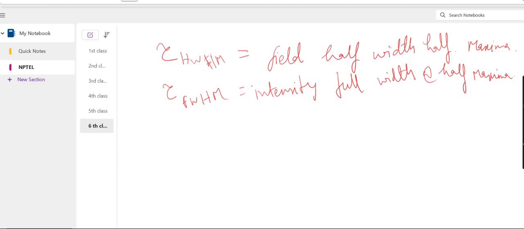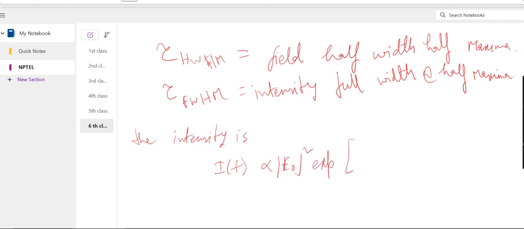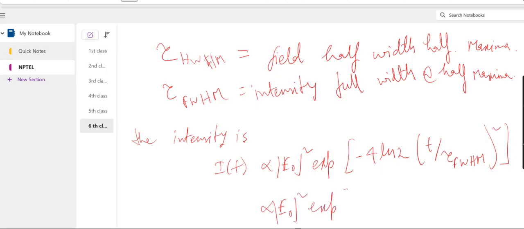The intensity is I(t) equals E naught square exponential minus 4 ln 2 (t by tau FWHM) whole square, or we can write it as exponential minus 2.76 (t by tau FWHM) whole square.